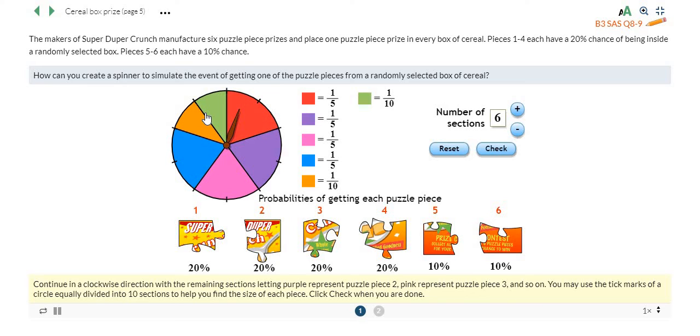Bonus point opportunity. What's the question? Number 9. What mathematical device could I use other than the spinner I just created? A dice? She said you can't use a dice or a spinner. Another one.